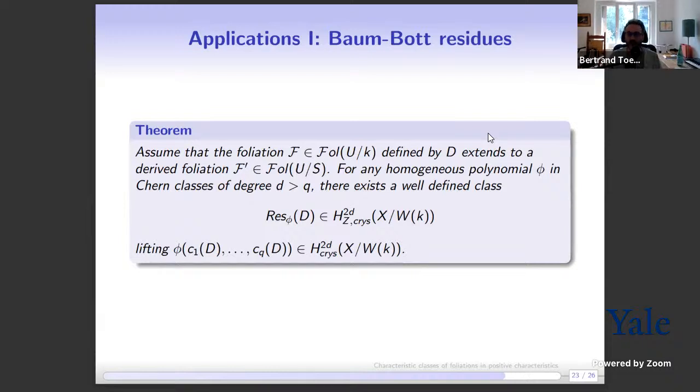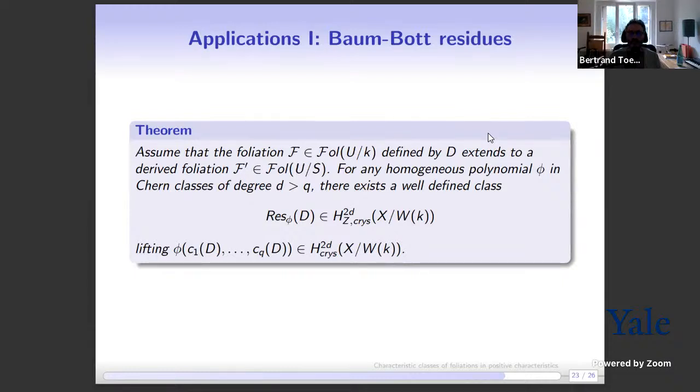Then I have this existence of residues. For any homogeneous polynomial in the Chern classes, which is of degree bigger than the codimension, I don't get vanishing because of singularities, but I get that phi evaluated at the Chern classes is localized along Z, where Z is the singular locus.